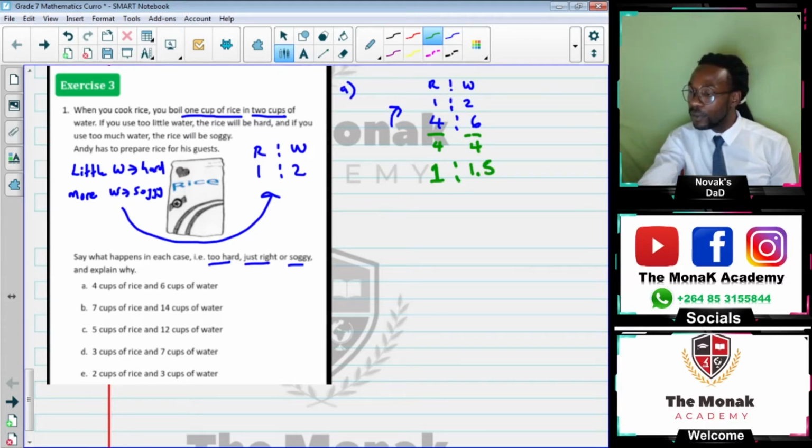So when you simplify this, you get 1:1.5. So what happens to water if you compare to our 1:2? It means our water here is less. If our water is less, the rice will be too hard.